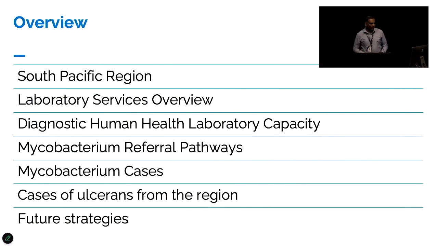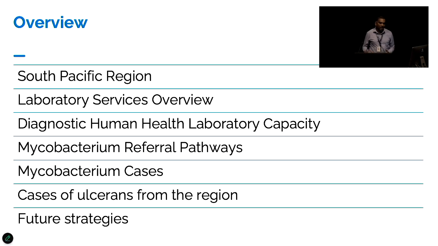This is almost like a storytelling of our region in the small island country states that we have next to us as our neighbours. I'll show you a map about the South Pacific region and the countries that are in it. The overall laboratory services, just as an overview, and how that's organized in each of these countries.